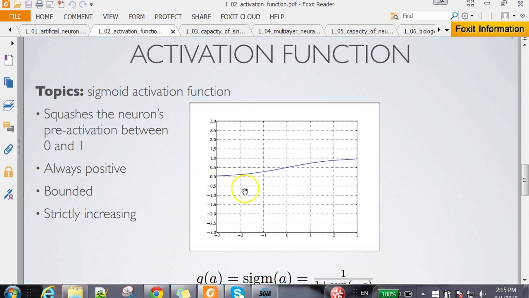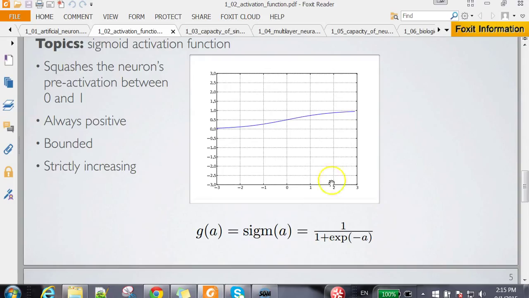It's bounded because it's bounded by 1. It never gets bigger than 1. And it's also strictly increasing. So these are some of the properties of this curve. Now this particular curve comes from this expression here, which is just 1 over 1 plus e to the minus a. Sometimes it's written as sigm of a.